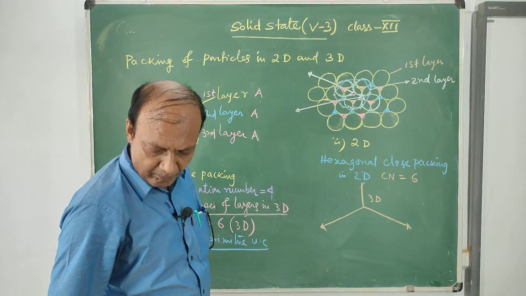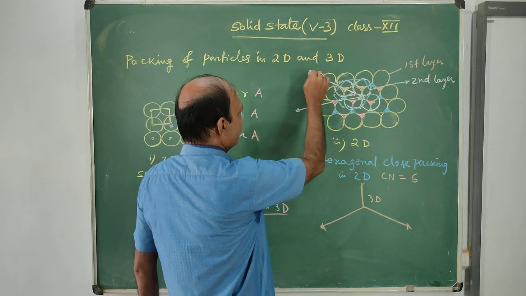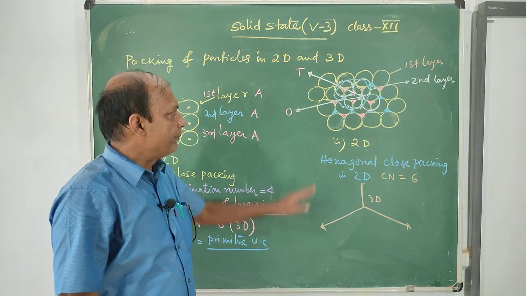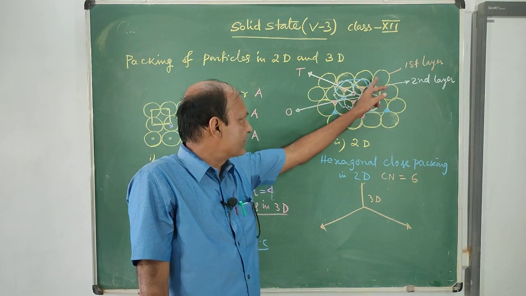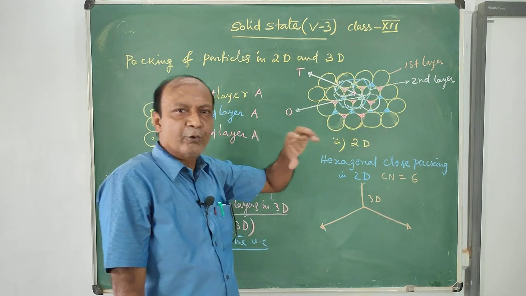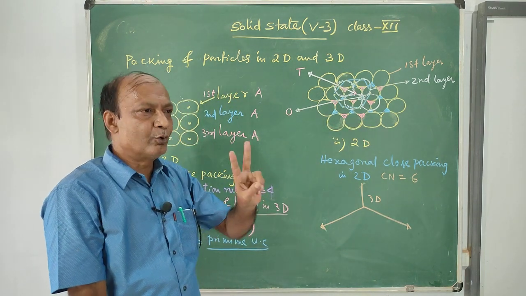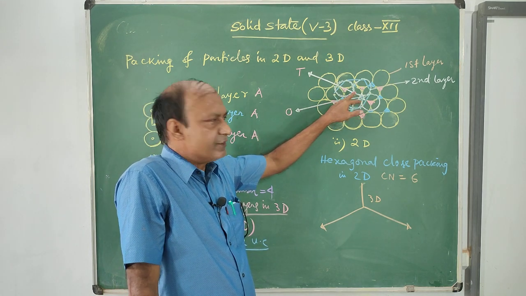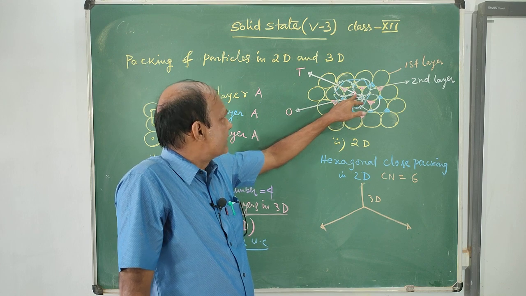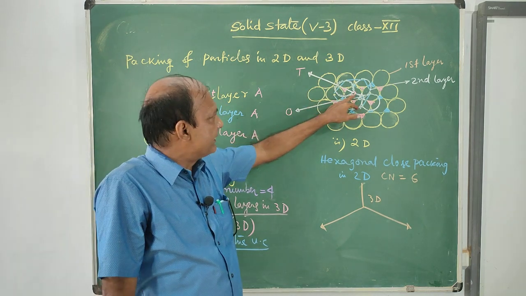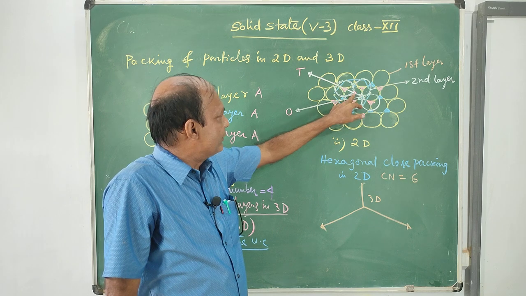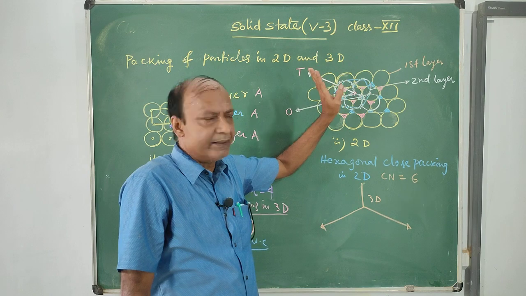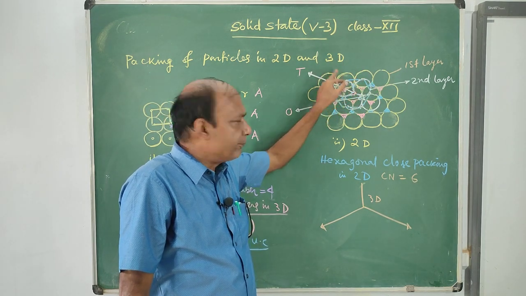So if I mark this triangular depression as T and this triangular depression as O, you will have two types of triangular depressions if you construct the second layer. So when you construct the third layer, there are two ways. Either you can put the spheres just above the triangular depressions T. T will be coming here, another T will be produced here, and another T here if you give more spheres.